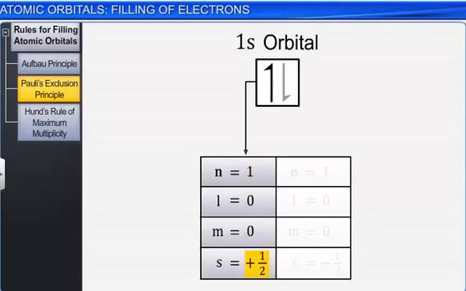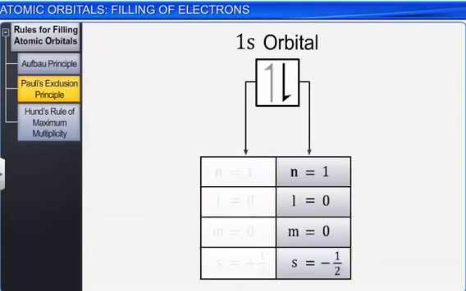The values for the second electron are 1, 0, 0 and minus half. This shows that the two electrons have the same values for n, l and m, but different values for s. This indicates that the maximum number of electrons that can be accommodated in an orbital is 2.